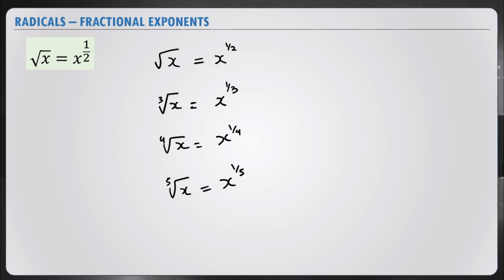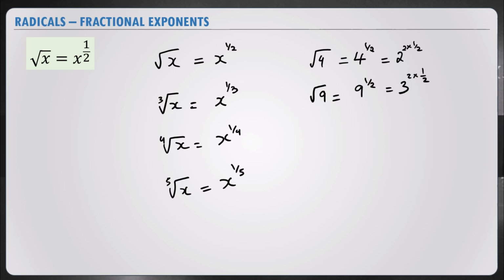Okay, let's recall. The square root of 4 is, according to this, 4 to the power of 1/2. Think of it that way, it'll make your work much easier, which is 2 to the power of 2 times 1/2. Then the square root of 9 is equal to 9 to the power of 1/2, which is 3 to the power of 2 times 1/2, which makes working with radicals so much easier.